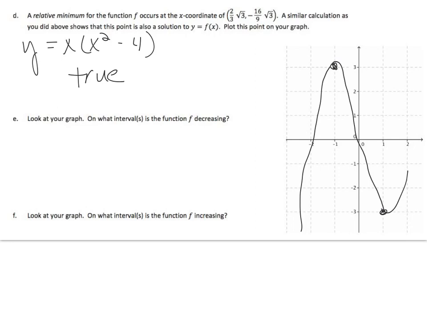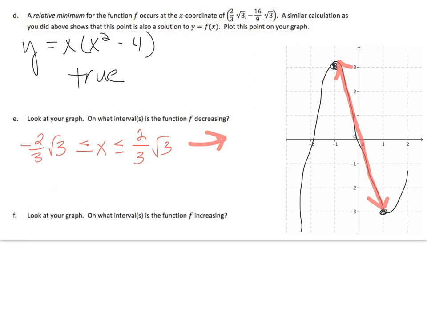On what intervals is the function decreasing? This is important. You're going to get a lot of questions like this in your homework. Decreasing, if I start at negative 2/3 root 3, it decreases through the x values. That's where it always decreases, between negative 2/3 root 3 and positive 2/3 root 3. I'll highlight it. Those are decreasing. We'll do the next one in blue.